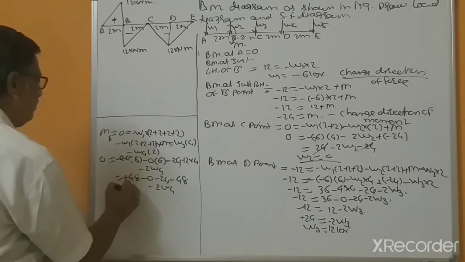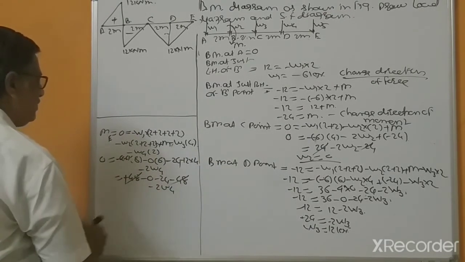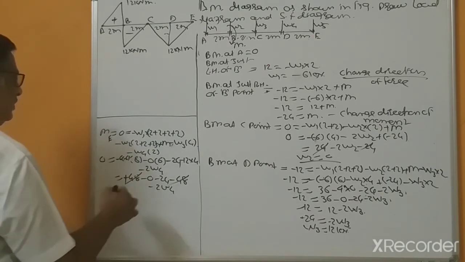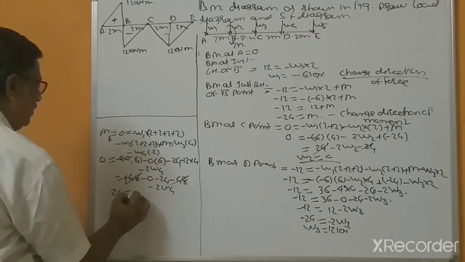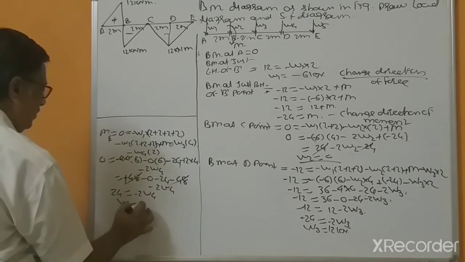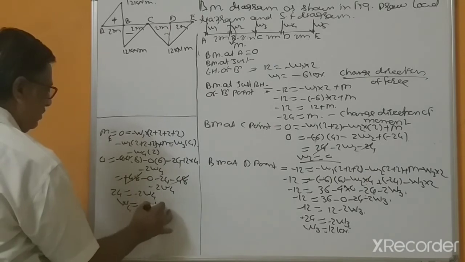So this becomes 48. This will get cancelled, and this is 24 equal to, W4 equal to minus 12.